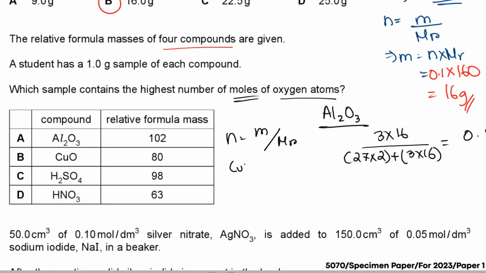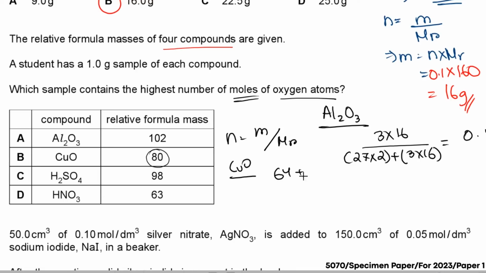Next is copper oxide. Let's write CuO, and the relative formula mass is 80. Actually, this and this is the exact same thing, so I really don't think we have to do this calculation because you are going to get the same result. For copper, we take a look at the periodic table.